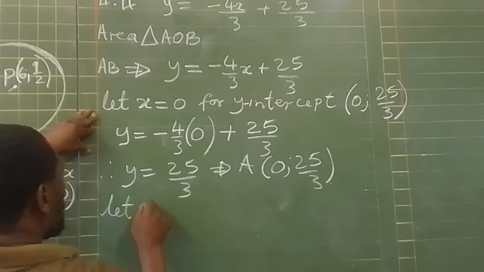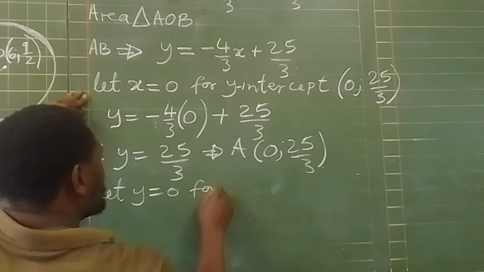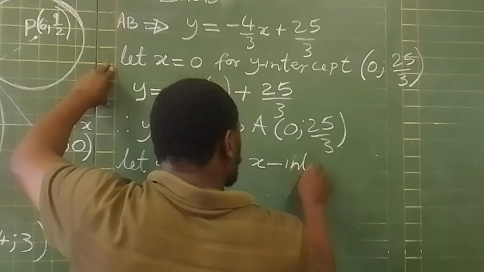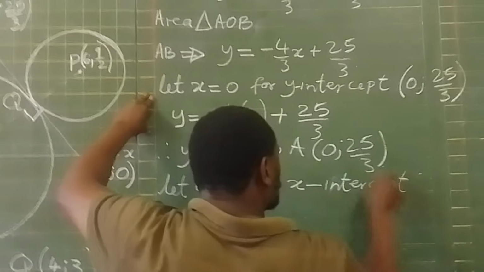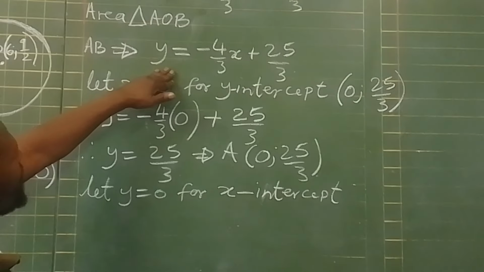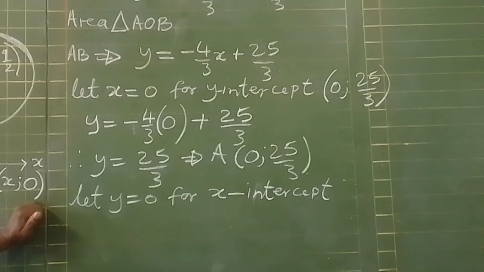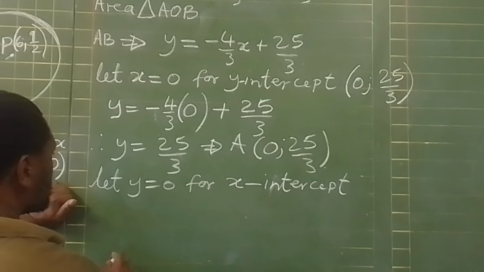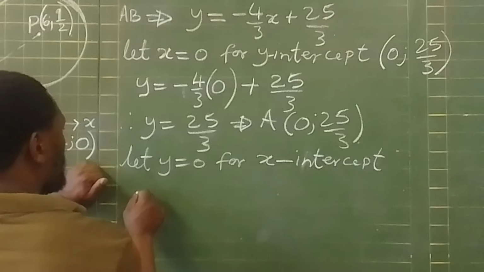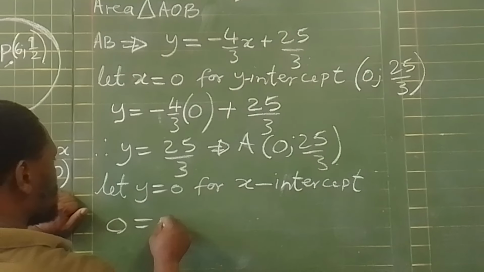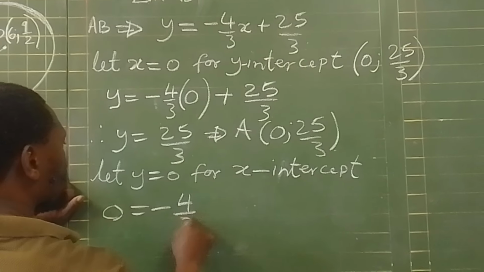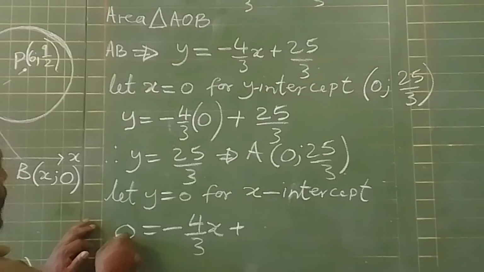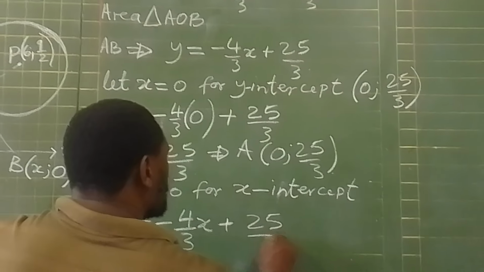Let y be 0 for the x-intercept. Then you grab your equation, excuse me, rather let's just manipulate our equation to find that 0 is equal to minus 4 over 3 x plus 25 over 3.